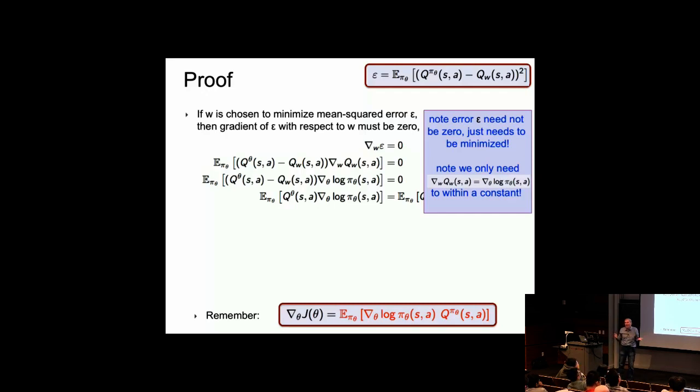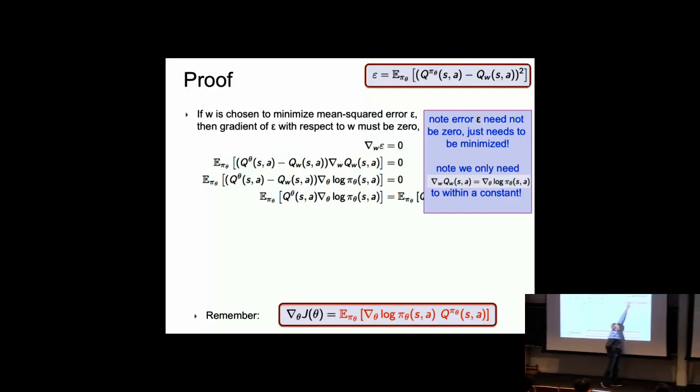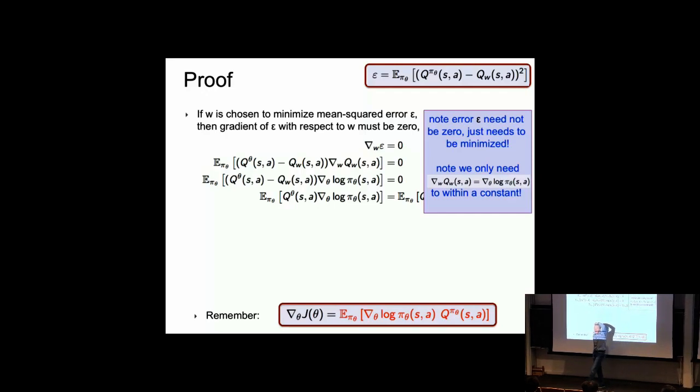So maybe we have, let's say, a linear function approximator that's not sophisticated enough, not complicated enough to represent the true Q function. That's okay. If you think about this, we didn't say anything except the starting assumption that it had converged, that the derivative is 0.